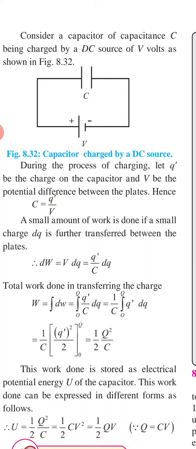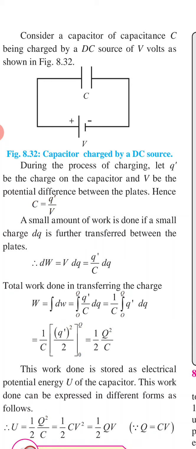A small amount of work is done if a small charge dq is further transferred between the plates. So dW is equal to V into dq, and we know that V equals Q dash upon C. Now to calculate the total work done, since it is continuous, we have to use integration.